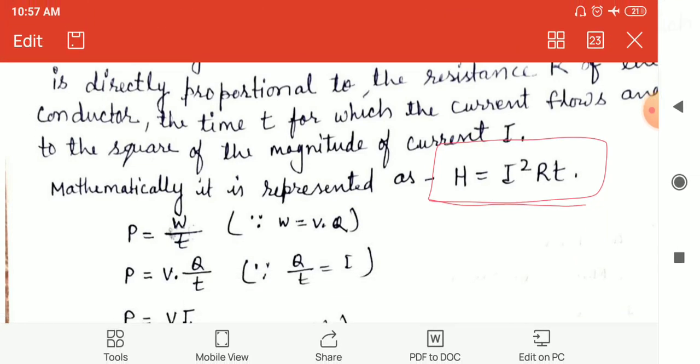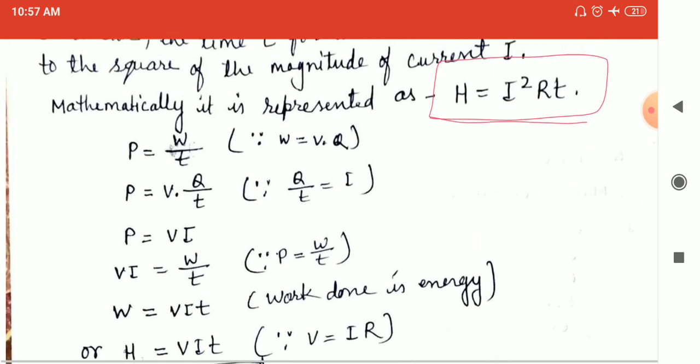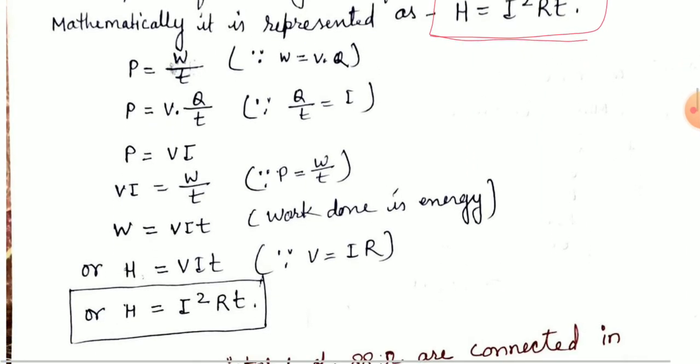You can derive this formula by this method. P equals W upon T. So value of W equals VQ. When we put the value of W, V multiplied by Q upon T, and I equals Q upon T. When we put the value of I, then we get P equals VI.